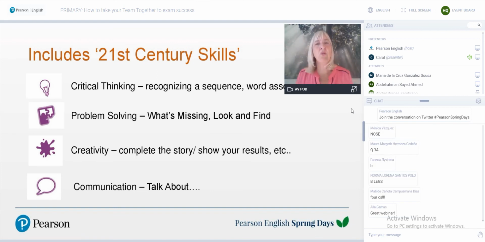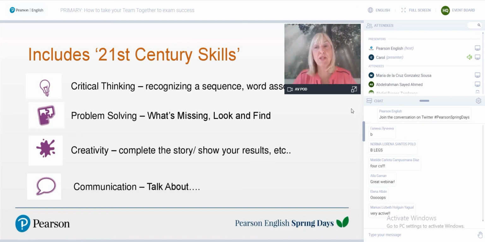When it comes to looking to find something that's missing, or look and find something hidden in a picture, or spot a mistake, that's a problem-solving activity quite often. The creativity, as I said in the global warming activity, that might be to write a story or show you results. But this is something which the teacher can guide, but we want the students to produce themselves.